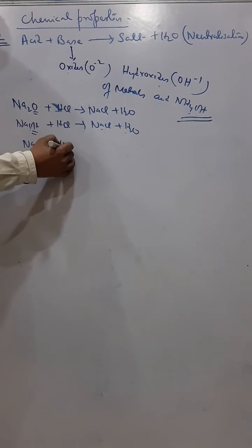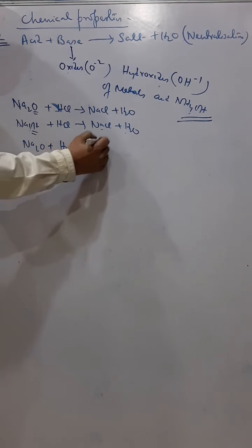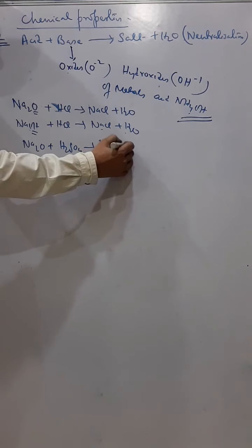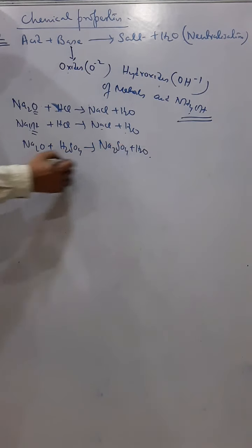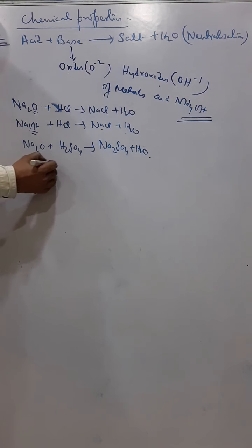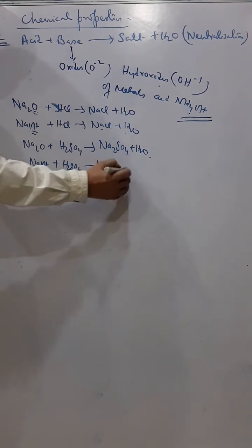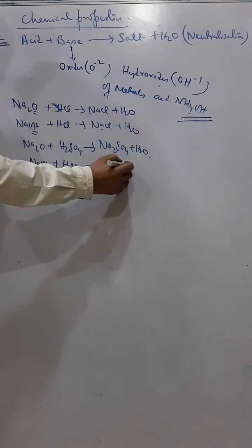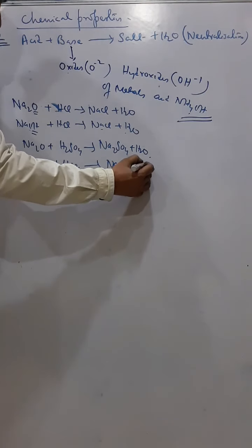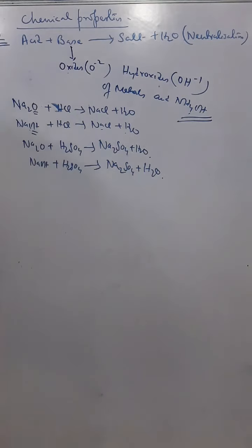Similarly, if you take a base and sulfuric acid H2SO4, then you will get a sulfate salt, Na2SO4 plus H2O. Similarly with NaOH plus H2SO4, you get Na2SO4, here also plus water.